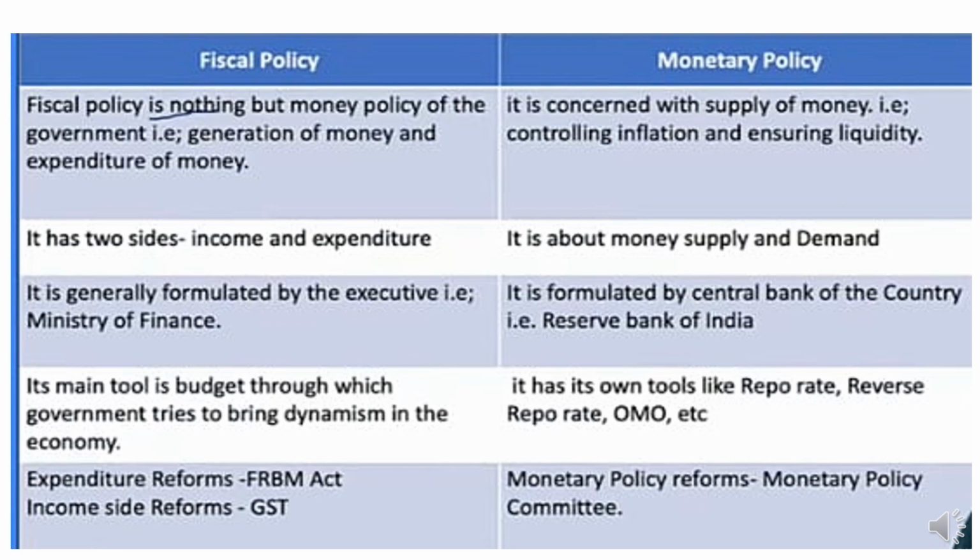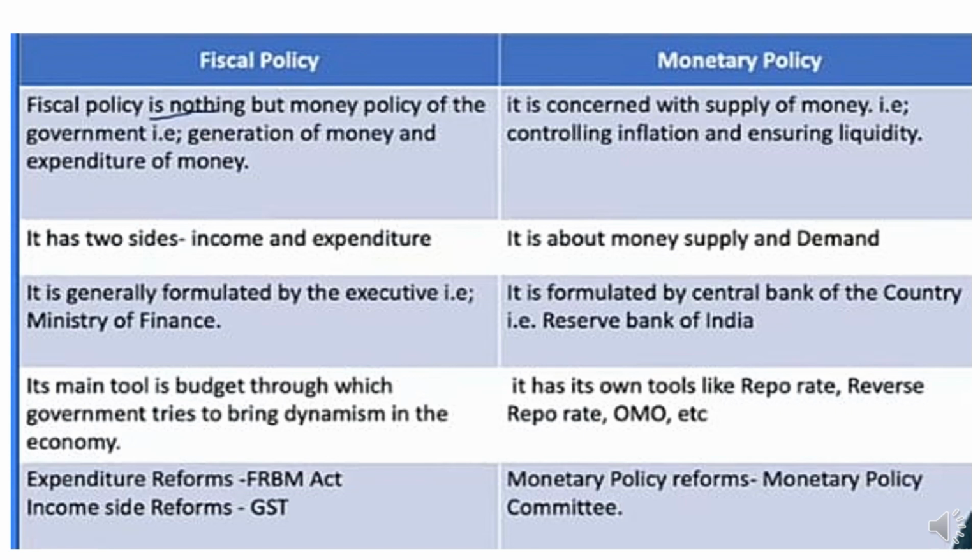Fiscal policy is nothing but the money policy of the government. For example, generation of money and expenditure of money. It has two sides. Number one is income, the second one is the expenditure. And it is generally formulated by the executive, for example, the Ministry of Finance.